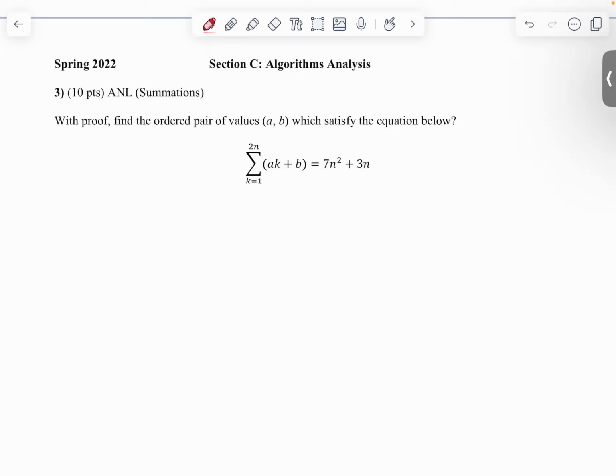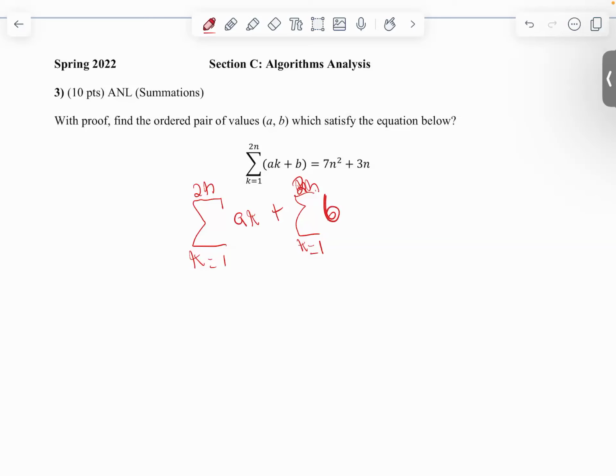So you split this up into two separate summations: the sum from k equals 1 to 2n of ak, plus another summation from k equals 1 to 2n of b. These are both already in closed form.